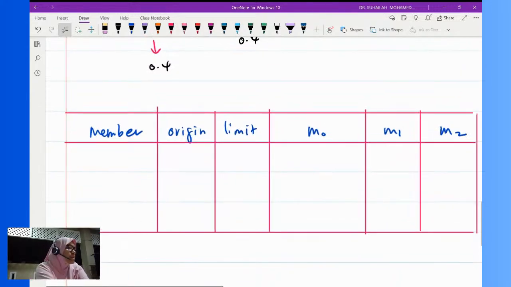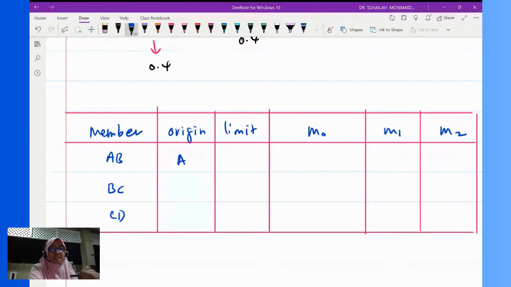We have to list all members: AB, BC, CD. For AB, we will choose origin at A. For CD, we choose origin D. For member BC, we can choose either B or C as origin. It cannot be A or D, because X moves in a straight line.